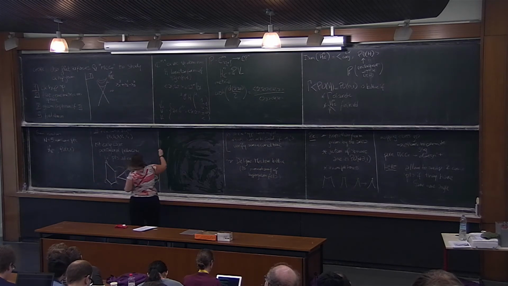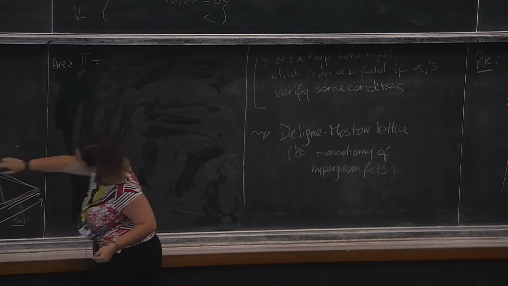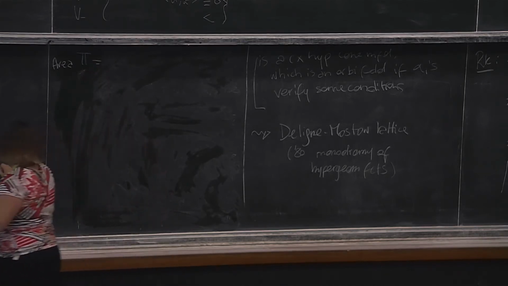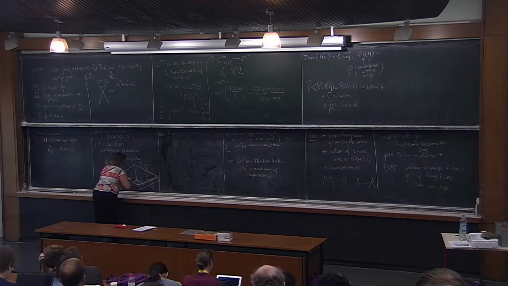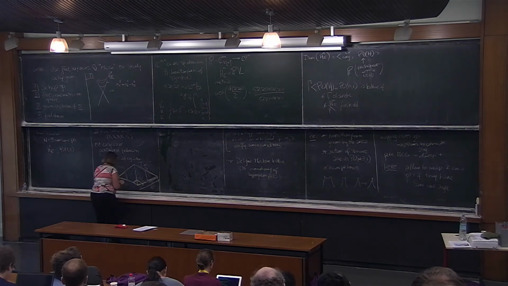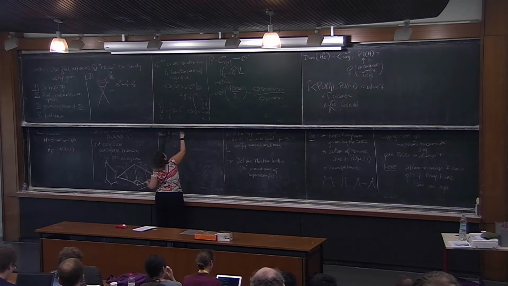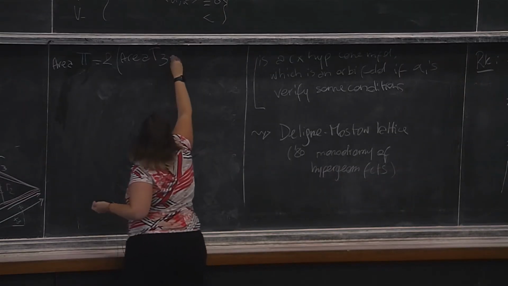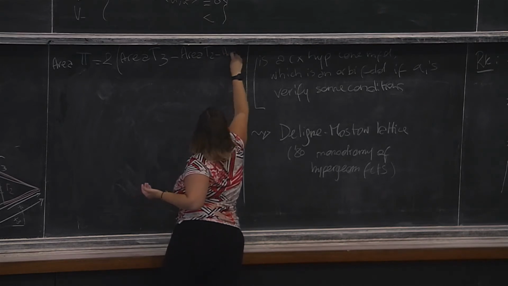And then we also want to say that the area of the blue part is the area, so let's call the big white triangle T3, and then this one T2, and this one T1. Well, if I want the area of pi, then I need to take twice the area of T3 minus the area of T2 minus the area of T1.